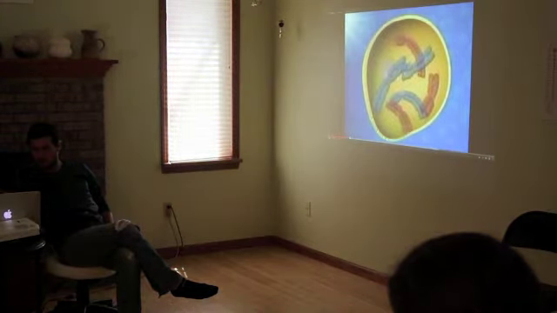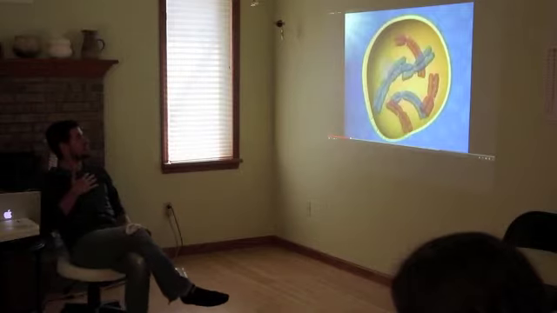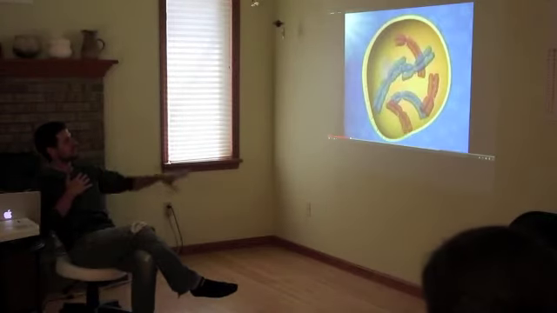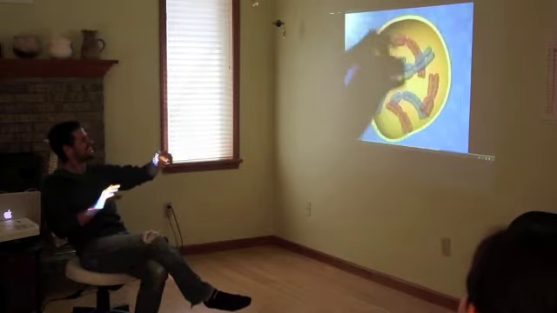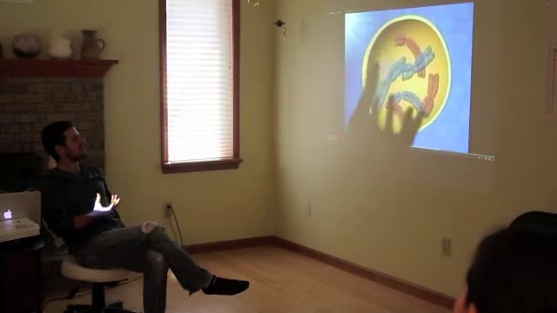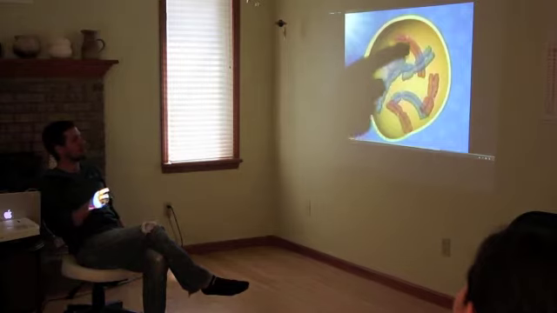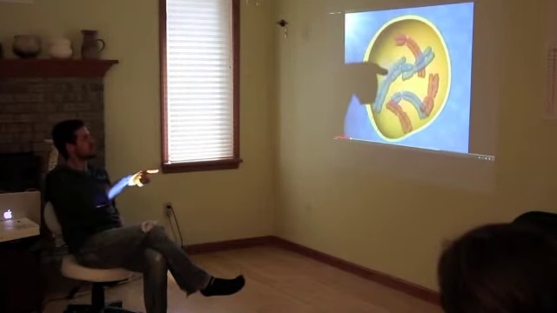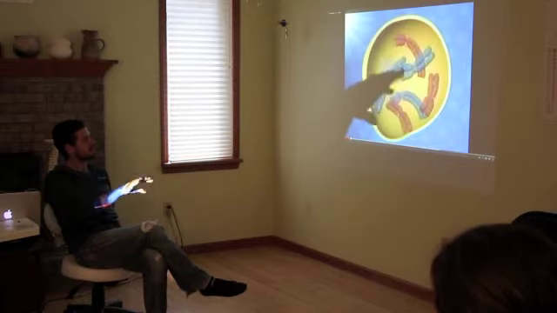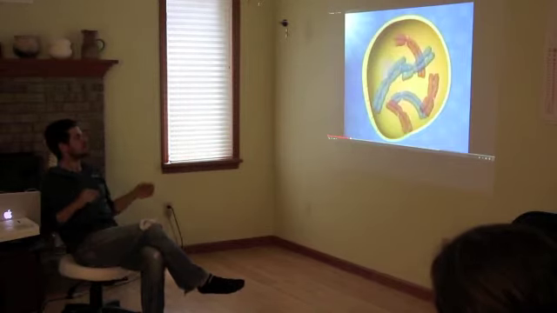So here, this is again showing inside of a cell. This is like a strange godlike picture. This is inside of the cell, so this is again the nucleus. And they're not showing all of the chromosomes, it's just for visualization, but I think they're just color coding them to show which ones are going to which.